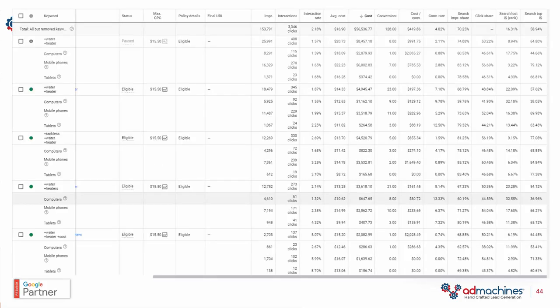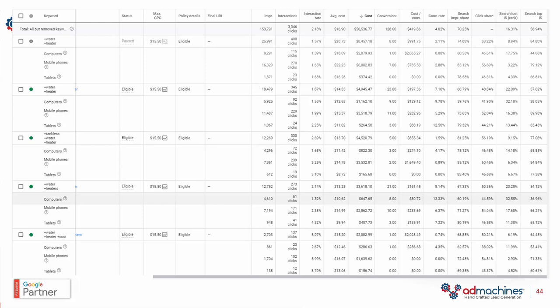And Google tells you. So here we are, second keyword down, water heater, and my search impression share. For this account, I get about 69% of the search impression share in this market. So that's really good. And about 50% of that will convert as a click. And I'm only losing about 22%, which is good because I'm not running my ads at night for this account. So those are the three numbers.